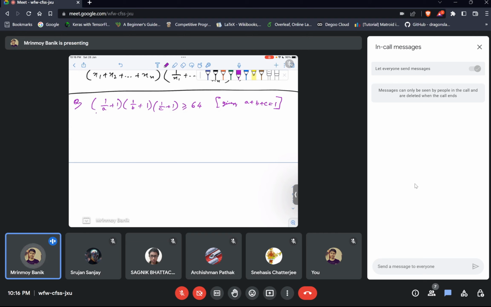So you might be tempted to show each of them is greater than or equal to 4 somehow, since 4 cubed is 64. But then we won't be using this fact. Okay, we might be able to use, let's see. So 1 by a plus 1, a plus b plus c by a plus 1, which is b plus c by a.